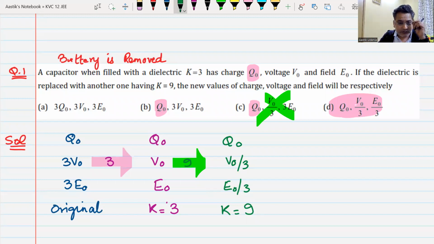Now, I'm going to do the next case, and in the next case, what I'm going to do is insert the capacitor with a dielectric, but it is not completely filling up the space. So that is my section B, not completely filling.